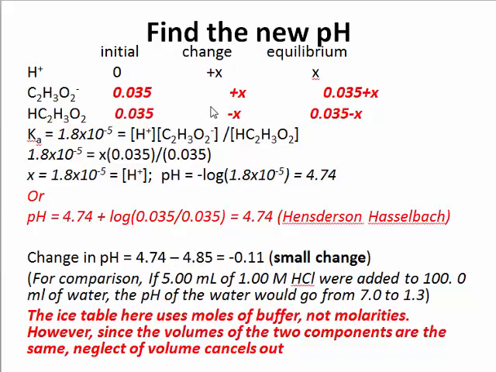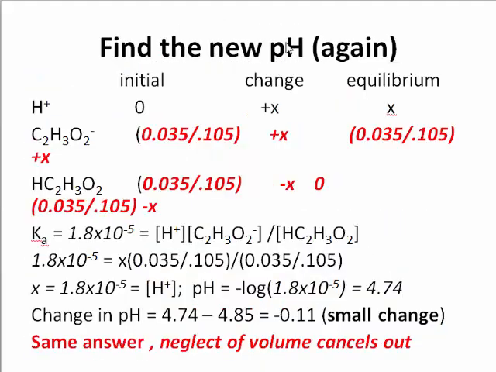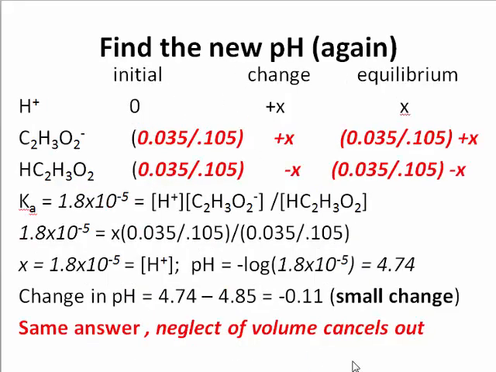I've asserted here you can use moles in this ice table and in the equilibrium expression instead of molarities. This last slide re-illustrates that principle. Here is a traditional ice table for the same problem.